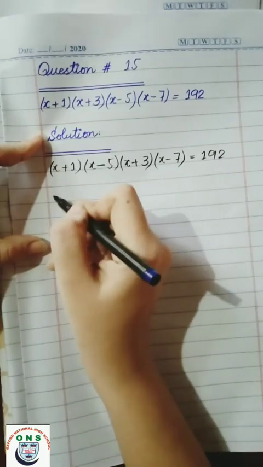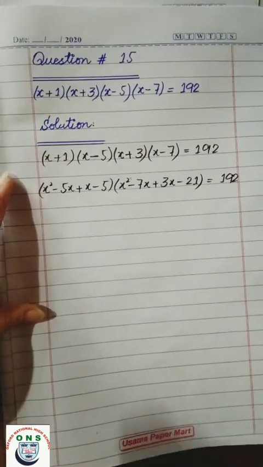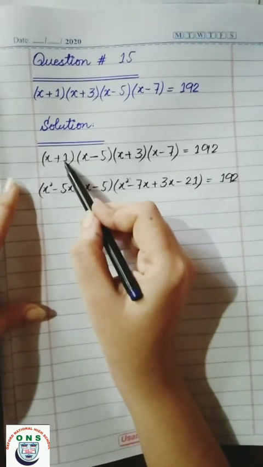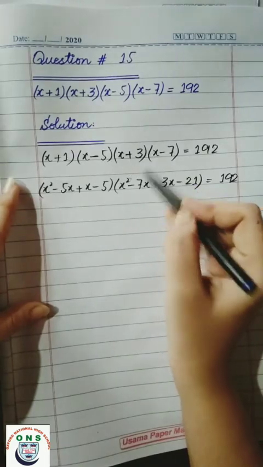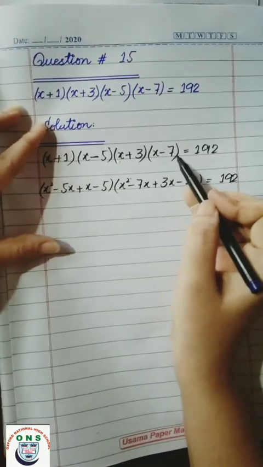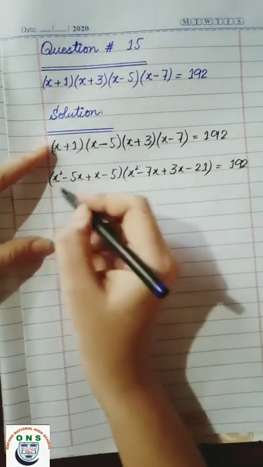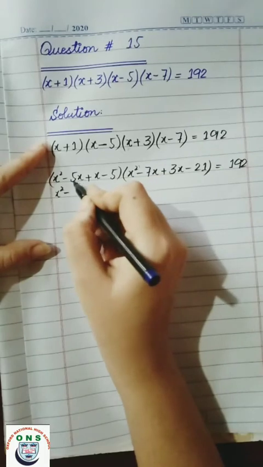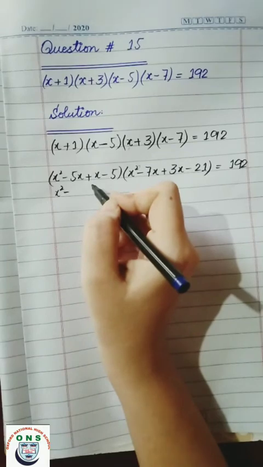We should multiply them both. X into x is x square, x into minus 5 is minus 5x, 1 into x is plus x, and plus 1 into minus 5 is minus 5. Then x square minus 7x plus 3x minus 3 into 7, that is 21. Now we will solve them. We can combine the terms with x because they have the same variable.